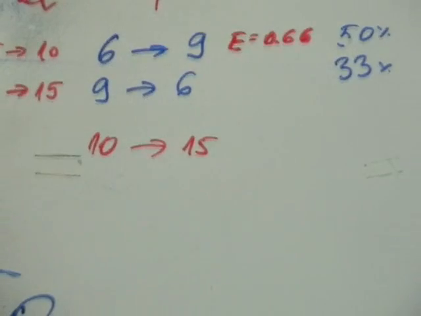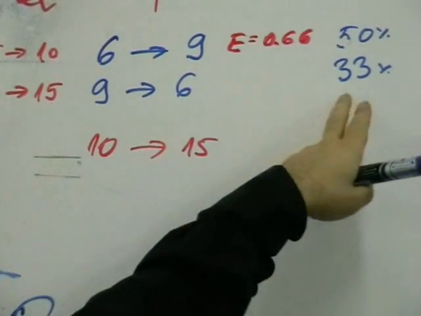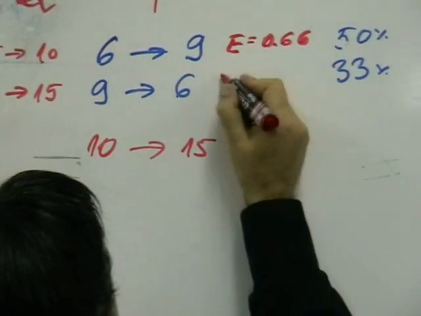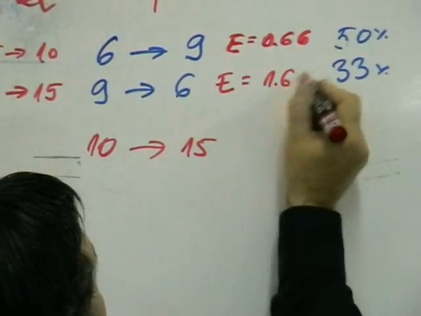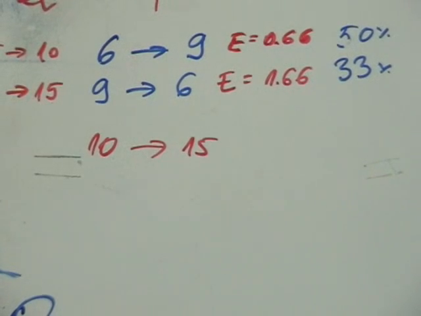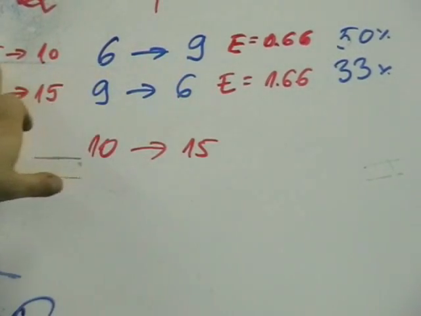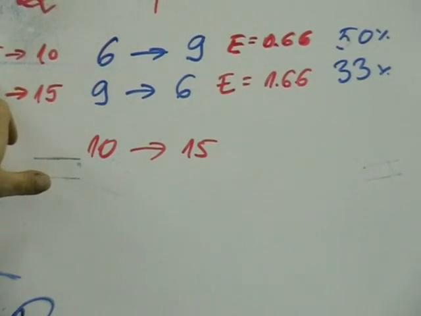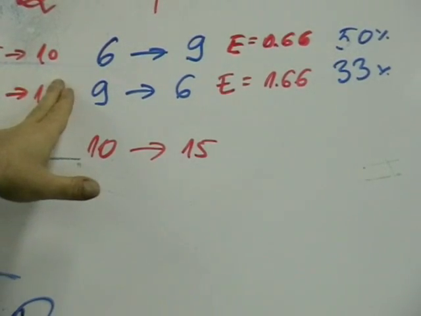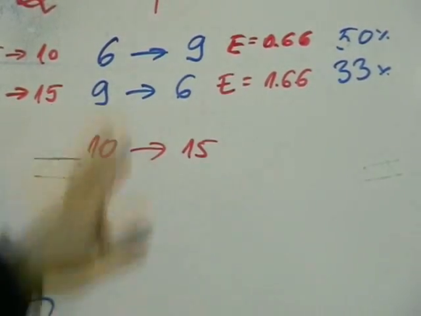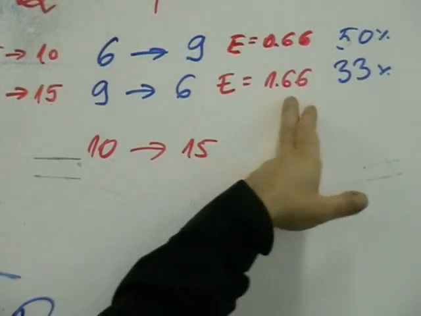Okay? In the second case, you have 50 divided by 33, and the elasticity is 1.66, okay? So, what I'm explaining so far is, you could move from 6 to 9, which means the quantity will drop from 15 to 10, and you will be getting 0.66 elasticity. But if you travel the other way around, you will be getting 1.66.